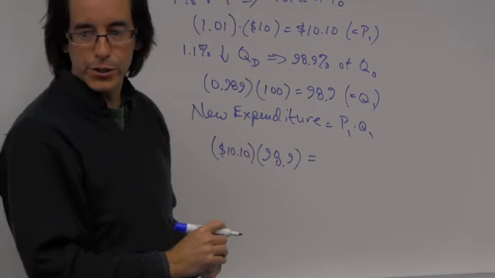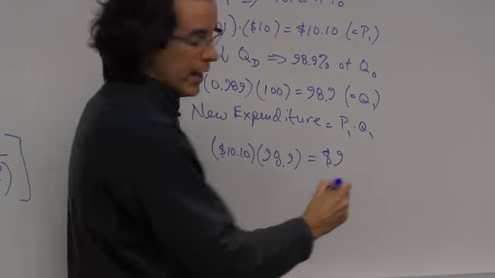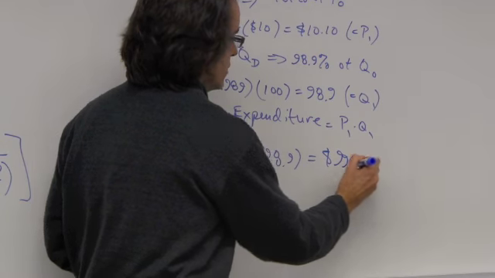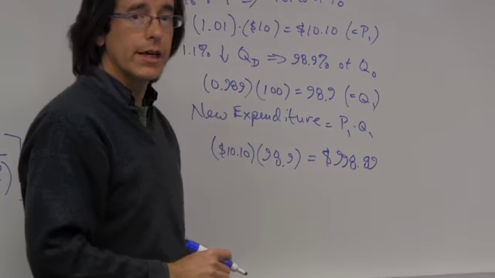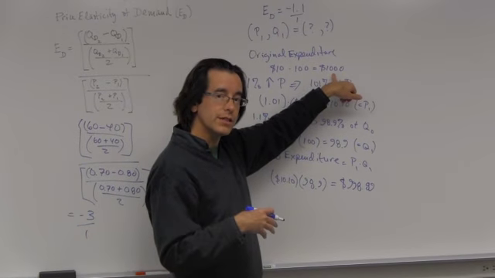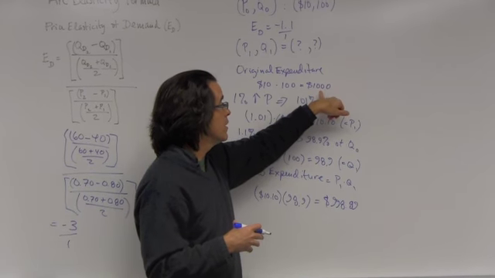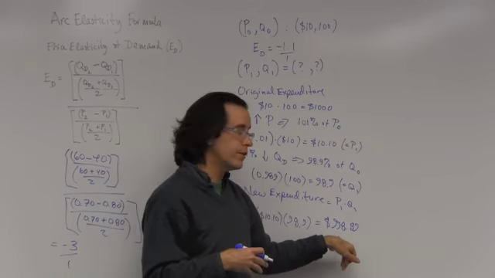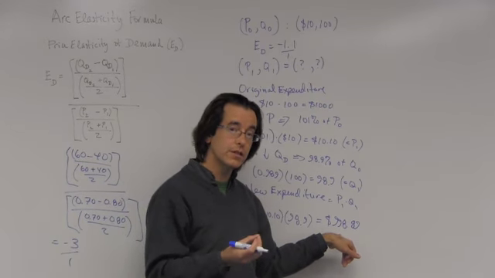So our new expenditure is going to be $998.89. So again, as a result of using this price elasticity of demand, our expenditure went down from $1,000 to $998.89. Again, which seems to make sense.